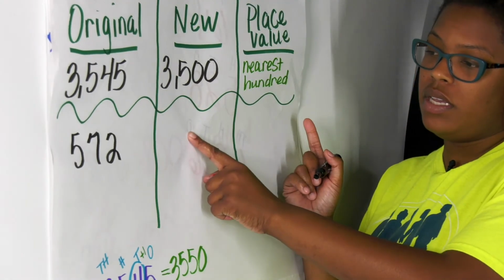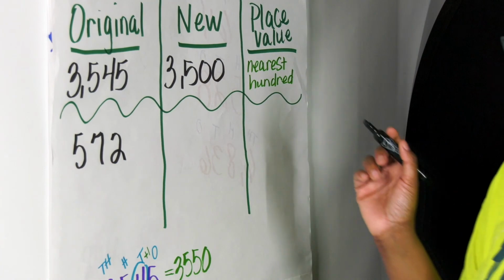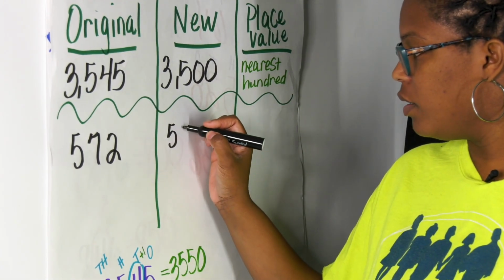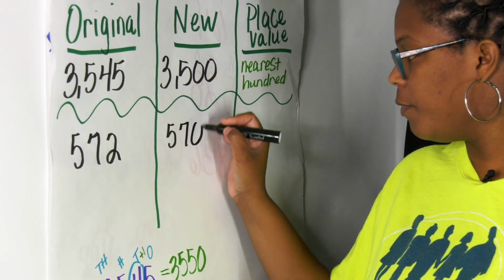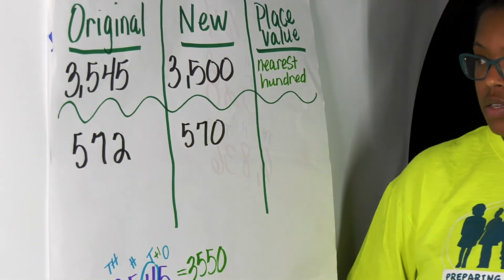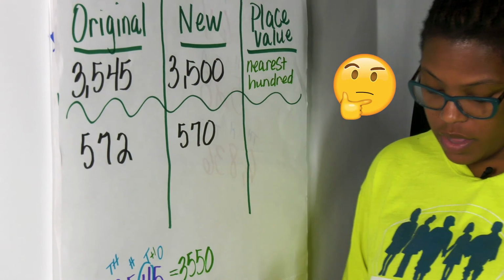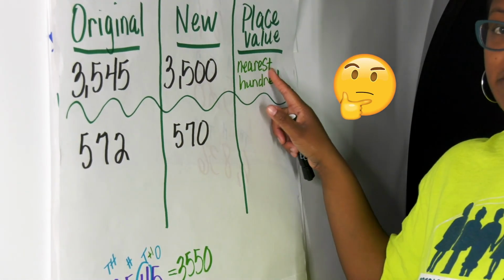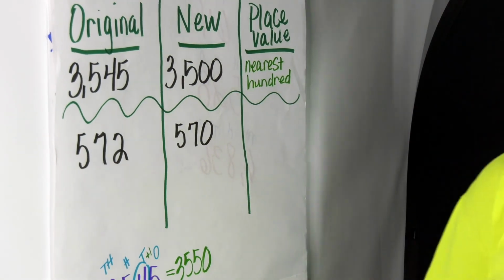We're going to get 570. So let's figure out which place value 570 was rounded to, the nearest what place value.